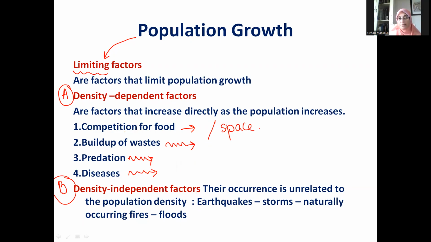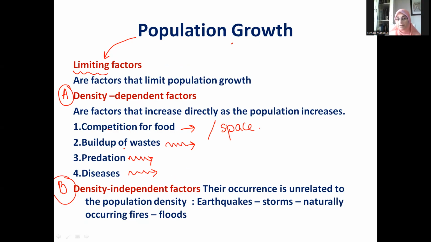The higher the density, the more the competition for food, and the lower the population growth. Similarly, the higher the density, the more the buildup of waste, and the lower the rate of population growth. So you have to be very focused when you're asked about the relationship. Is it the relationship between the factor and the density, or between the factor and the rate of growth of the population?